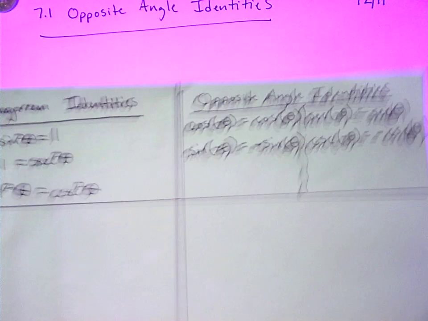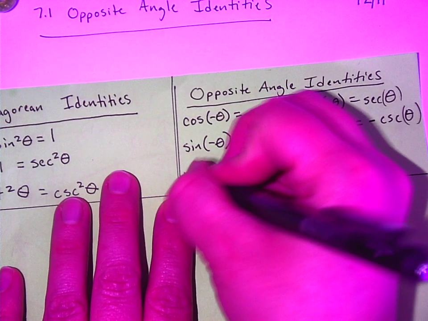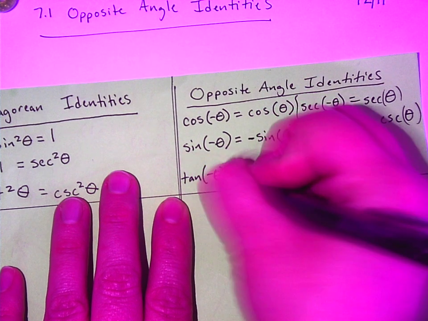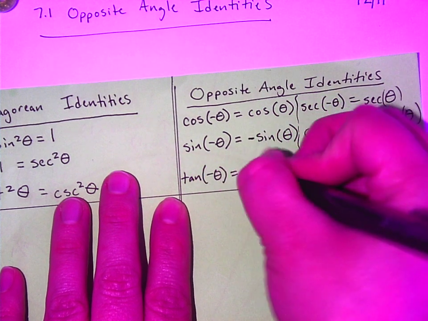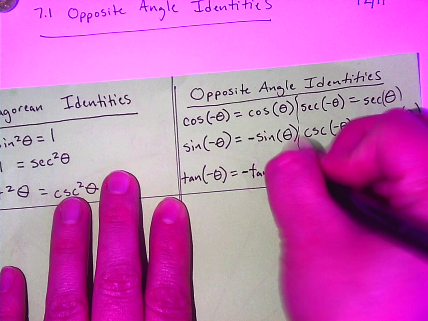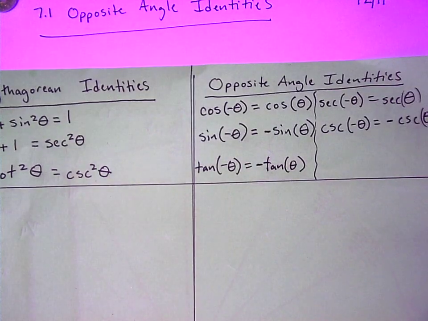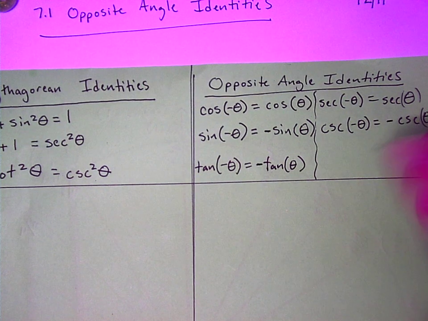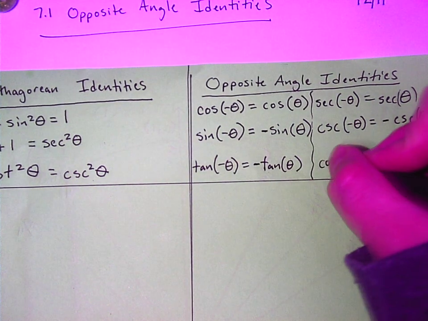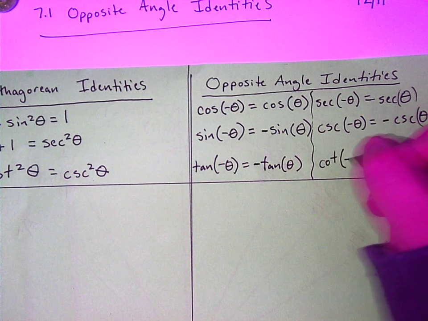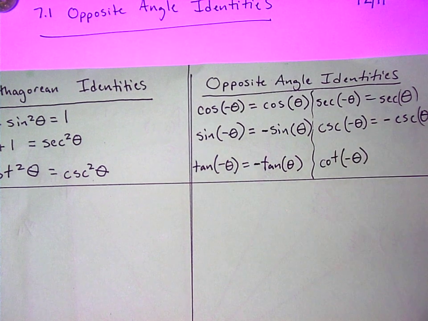Opposites. So I'm going to write that the tangent of negative theta is equal to negative tangent theta. That means if one of them is 1/2, the other is negative 1/2. If one of them is positive 2, the other one is negative 2. And the same thing with cotangent, because cotangent is just x divided by y.